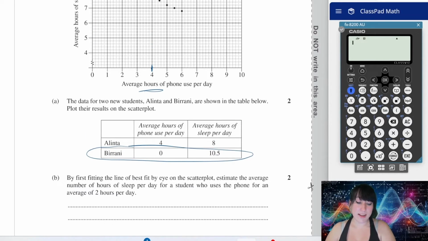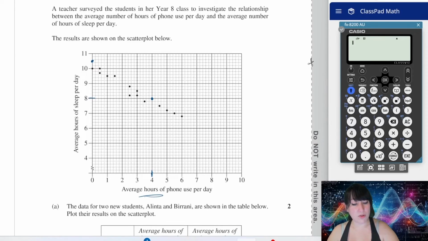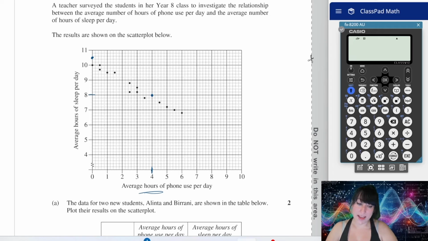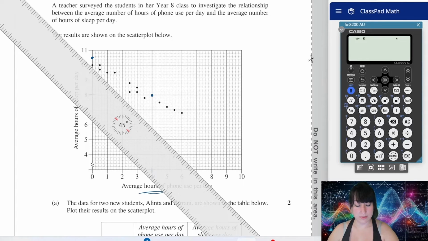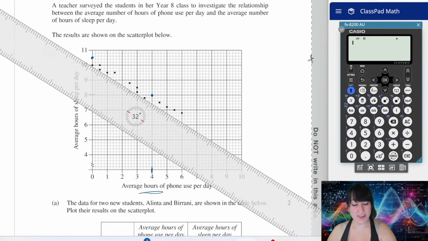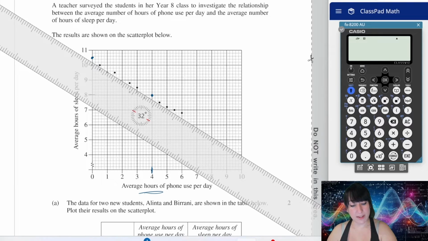Now for part B, by first fitting the line of best fit by eye on the scatter plots, estimate the average number of hours of sleep per day for a student who uses the phone for an average of 2 hours per day. So when we draw a line of best fit by eye, we should grab our ruler and try to draw a line through the middle of the points.